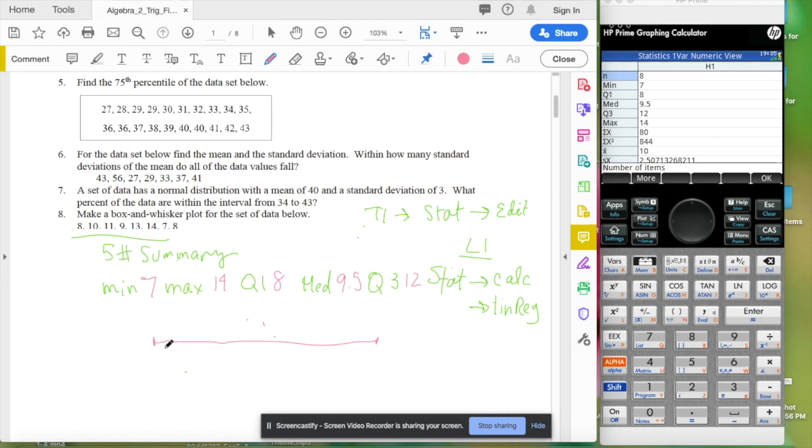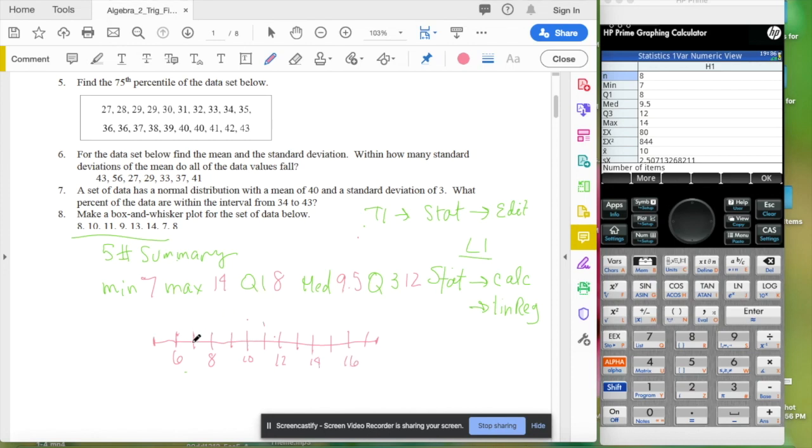So what I suggest is do your best with these numbers. I'm going to probably start at like, I don't know, 6, 7, 8, 9, 10, 11, 12, 13, 14, 15, 16, 17. You can really count by whatever you want. Just make it reasonable.